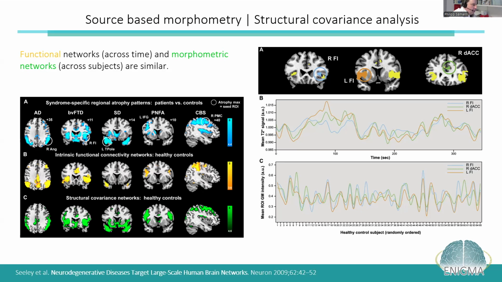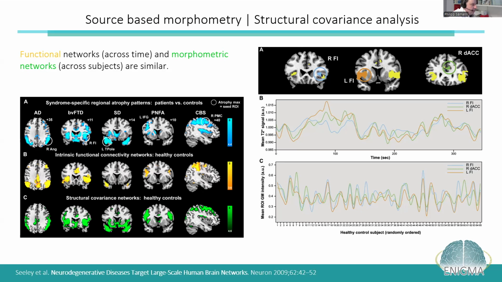Now, the interesting idea was that you can detect these networks, or these network patterns, also when you analyze the covariation of gray matter volume across subjects. So rather than taking a time series, you can take a series of subjects and detect these green networks here.